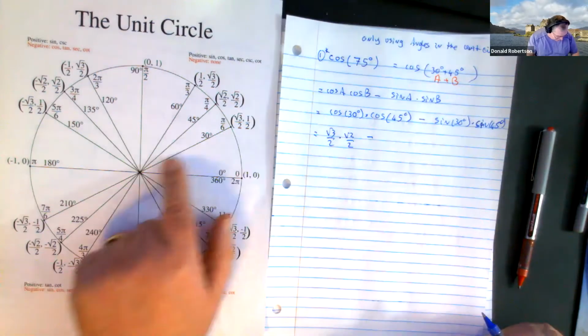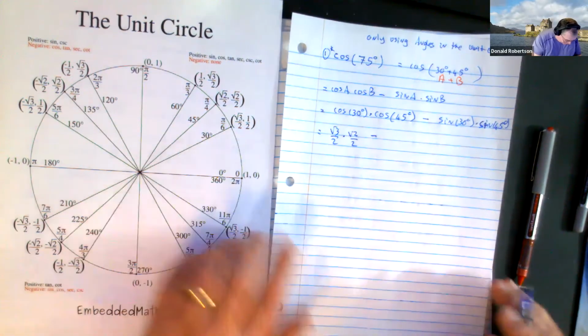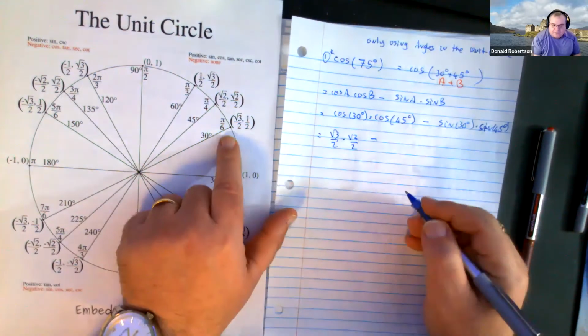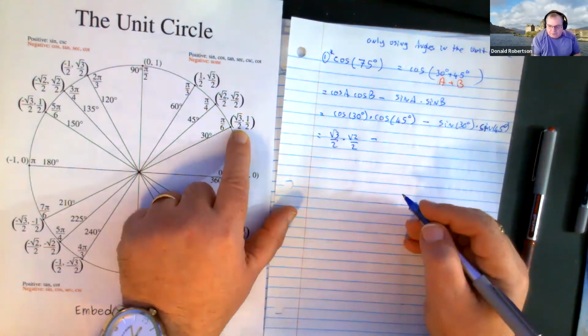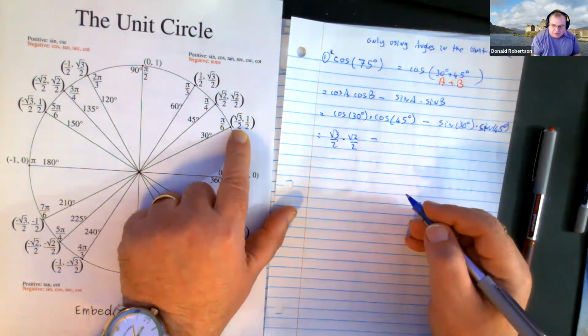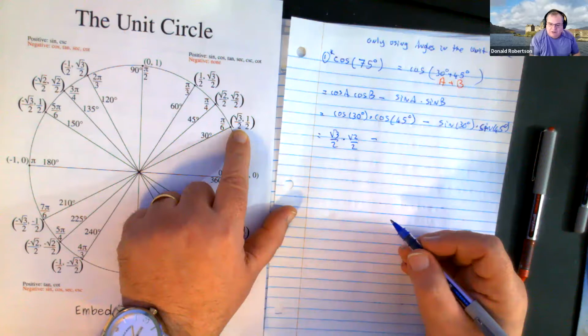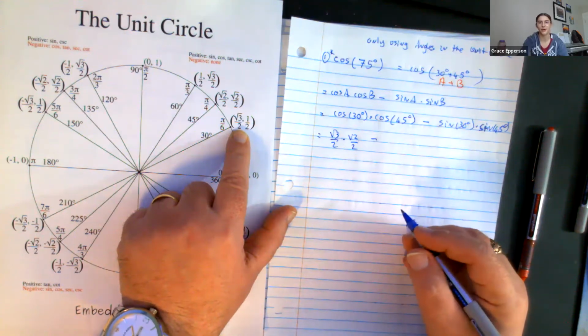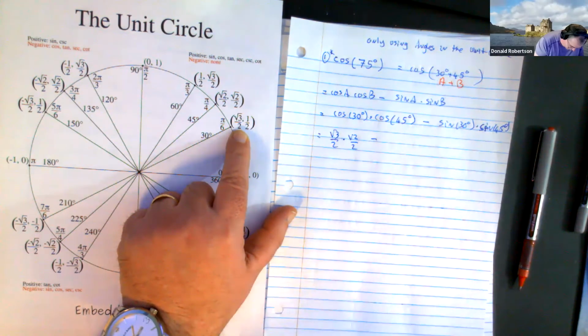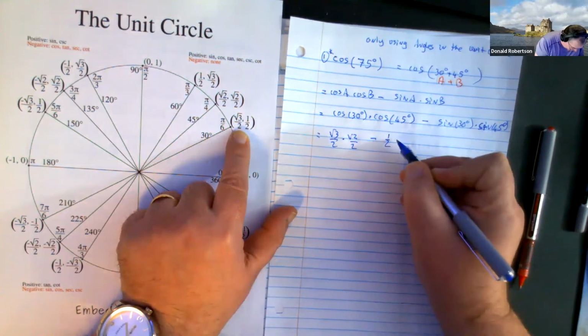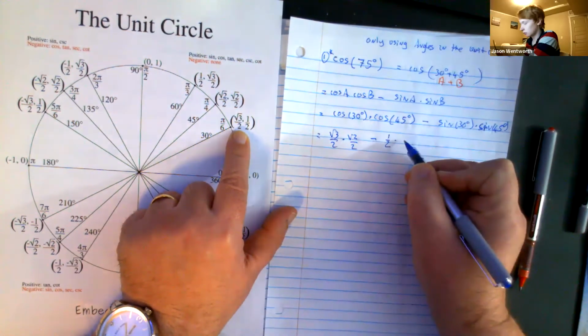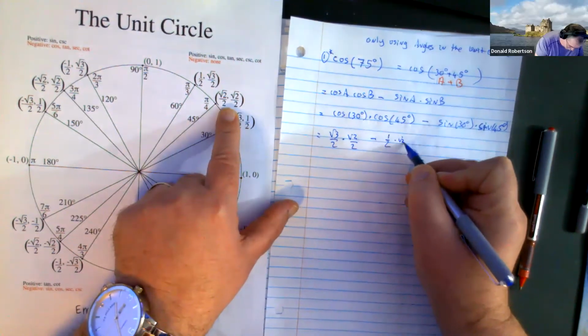What's the sine of 30 degrees? X or Y coordinate? It's the Y coordinate, which is a half, times the sine of 45, which is root 2 over 2.